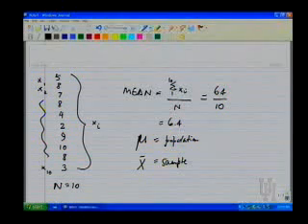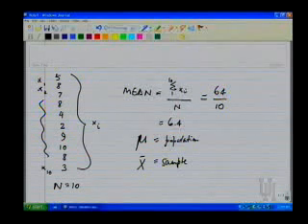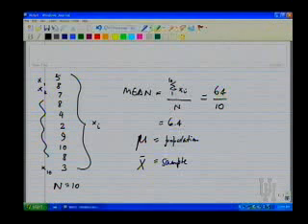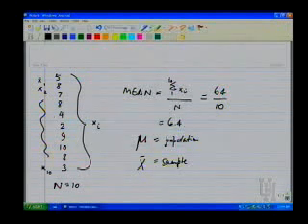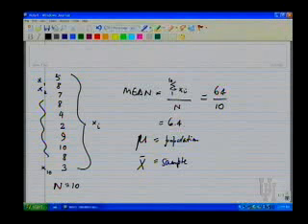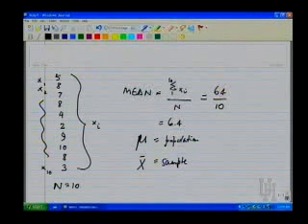It does not matter whether you are seeking to talk about a population or whether you're seeking to talk about a sample, the computational process is absolutely the same. You sum together all of the individual scores and then you divide by the number of scores. This is easy, right?